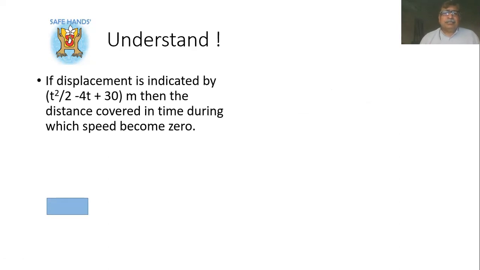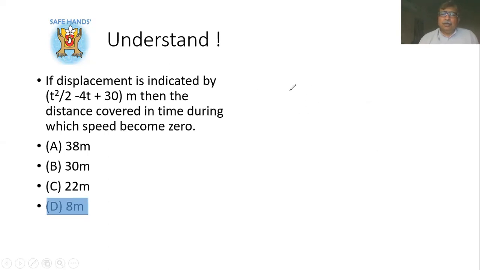If the displacement is indicated by this, then the distance covered in the time during which speed becomes 0. So it is quite obvious that the answer is 8, but let me explain why it is 8. Given information is x of t is t square by 2 minus 4 times t plus 30.